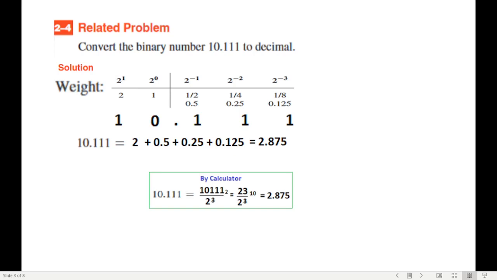So 23 is the answer for the binary to decimal conversion. Now we have to divide it by 2 raised to the power 3, or 8. For this we have to move into mode 1 here, that is COMP. So we press 1 and now we'll write 23 divided by 2 power 3, equal sign, 23 over 8. We use this S-D button to get it into decimal. So 2.875. That means our answer is correct.